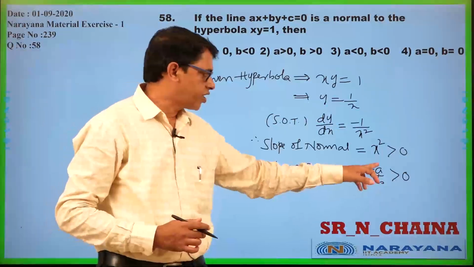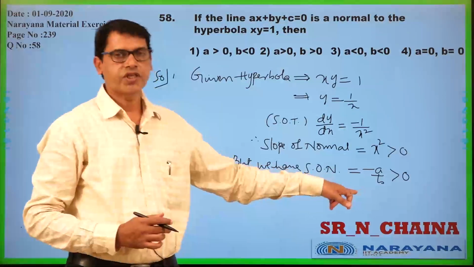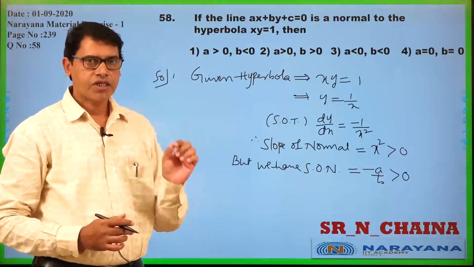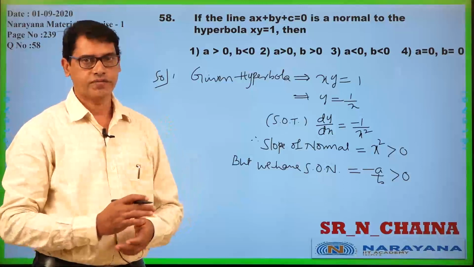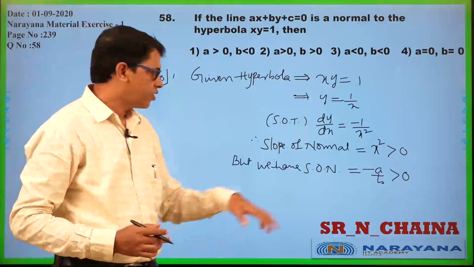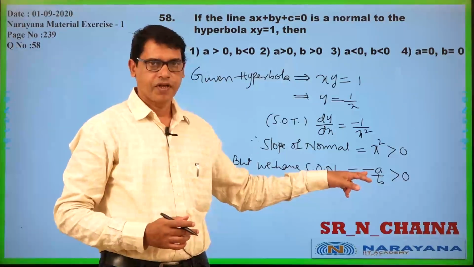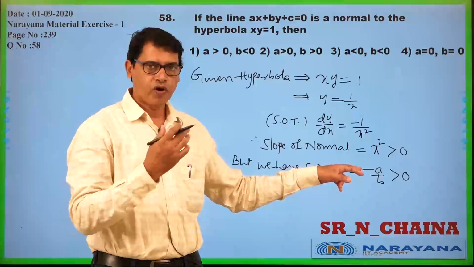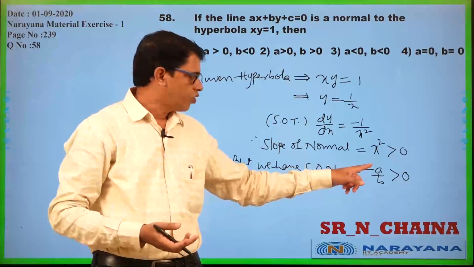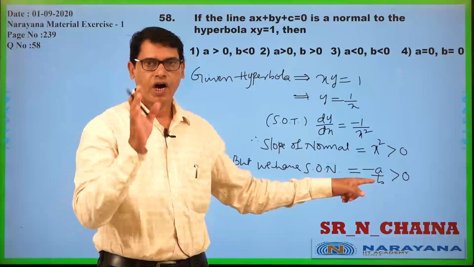If the numerator is negative, this must be positive, which means a and b must possess opposite signs. Are you getting the point? Since the minus sign is already there, to make it positive, a and b must possess opposite signs.